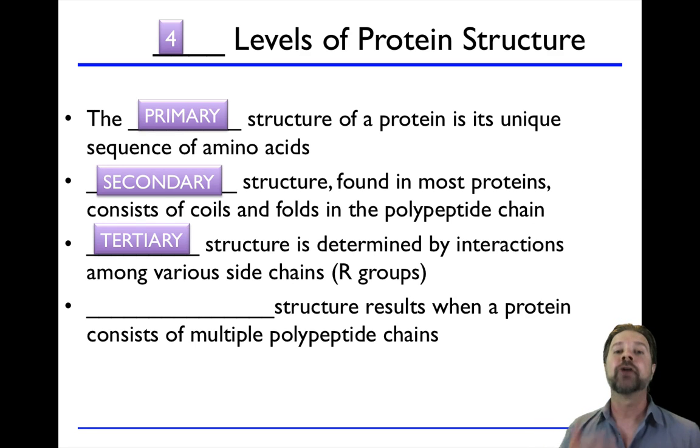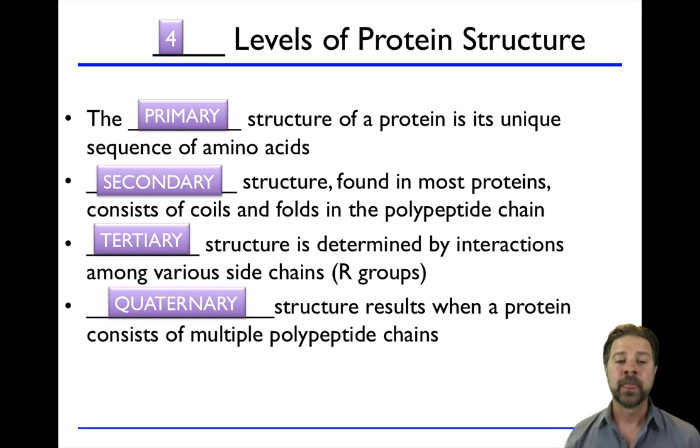So it's going to be different as that protein's folding. And the last level of protein structure is going to be quaternary structure, and that is going to exist when polypeptides of tertiary structures come together, 2, 3, 4, or more of them into a big working protein. So let's go ahead and we'll hit these one at a time.